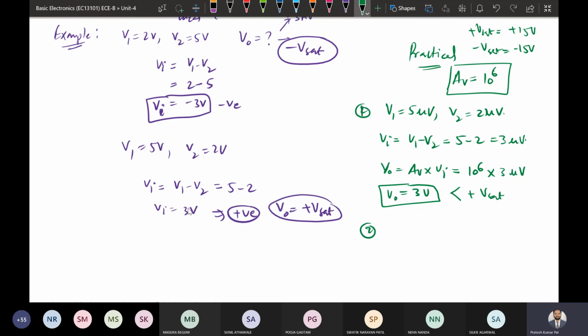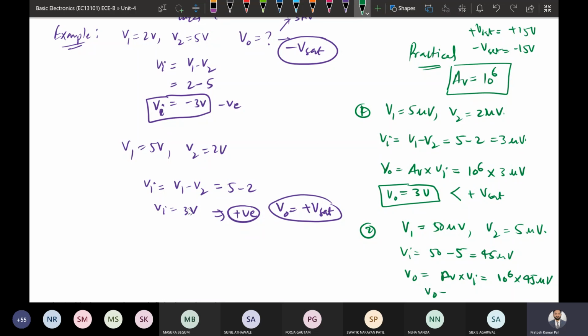But in the second case, this is case 1, and in case 2, suppose V1 is 50 microvolt and V2 is 5 microvolt. In that case, V input will be 50 minus 5 equals 45 microvolt, and then V output will be AV multiplied by V input, which is 10 to the power 6 multiplied by 45 microvolt.